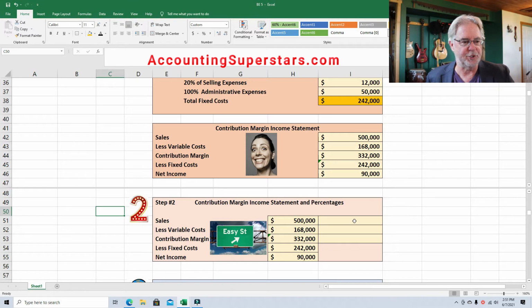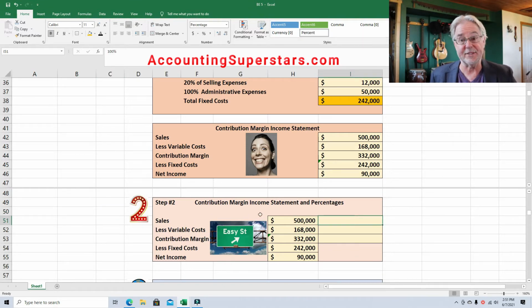So here's what you do. Here's the secret. Sales is always, no exceptions, always going to be 100%. Just write down 100%. You don't need to think about it. Now the variable cost percentage, all we're going to do is take 168,000, divide it by 500,000, 34%. And then what we're going to do is figure out the contribution margin percentage.